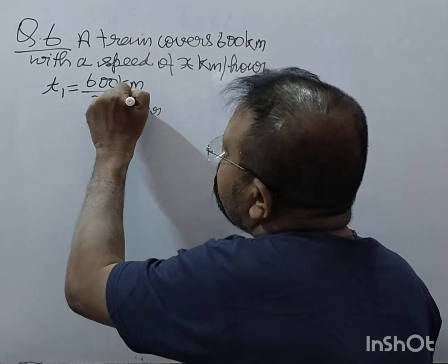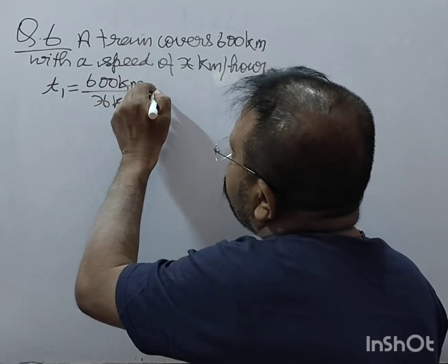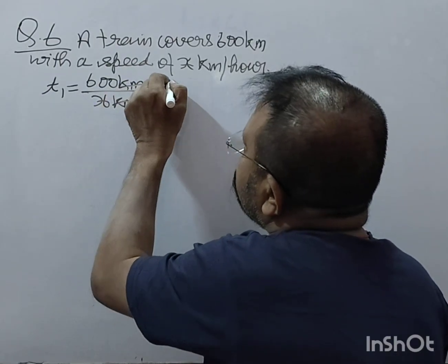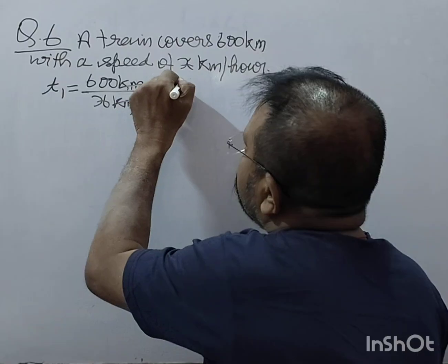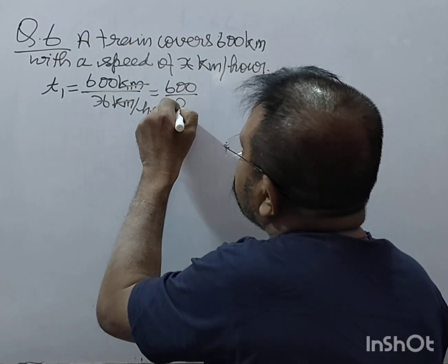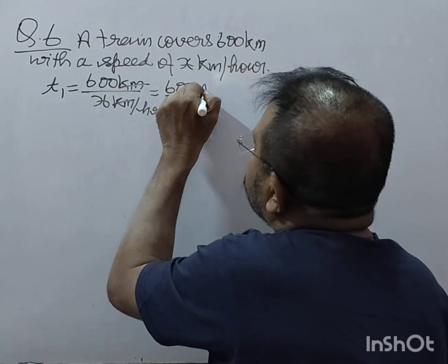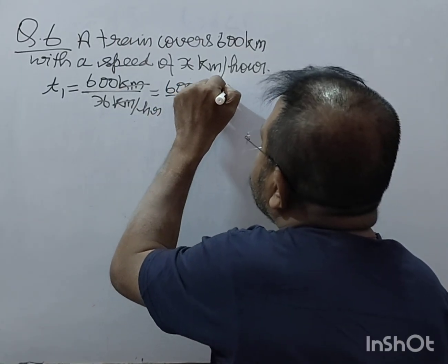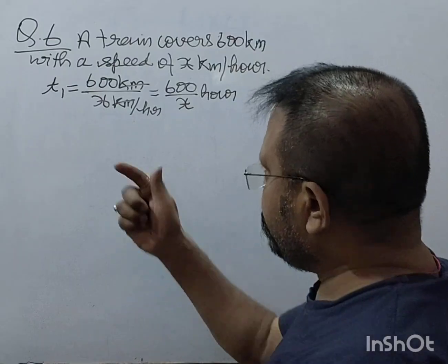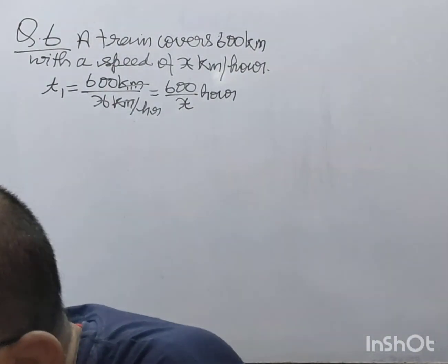So this kilometer goes on cut off, and this will go up. It becomes 600 upon x hours. This much time it takes, right? Initially, what happens now? What is written there?